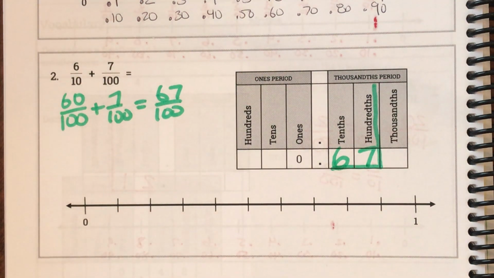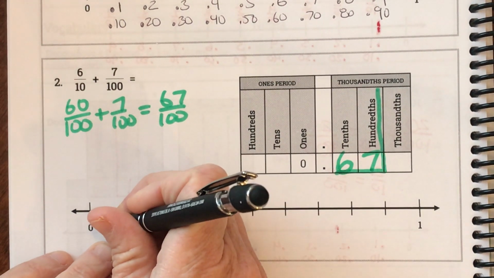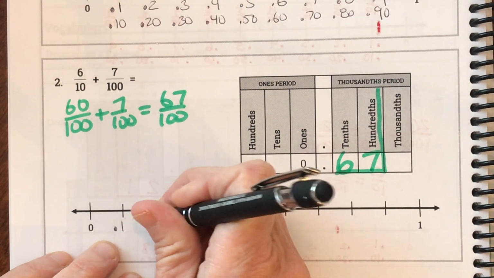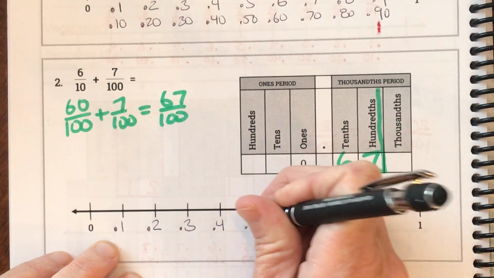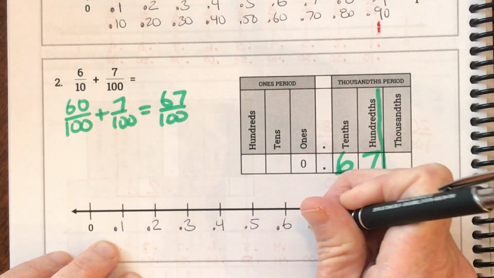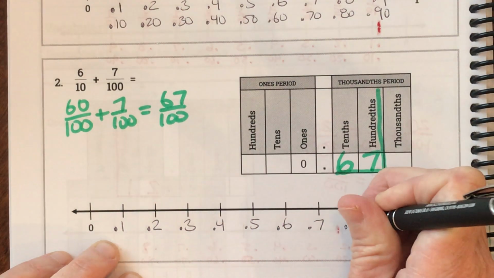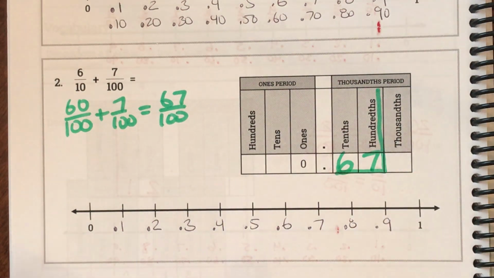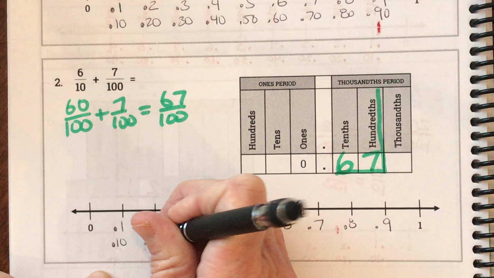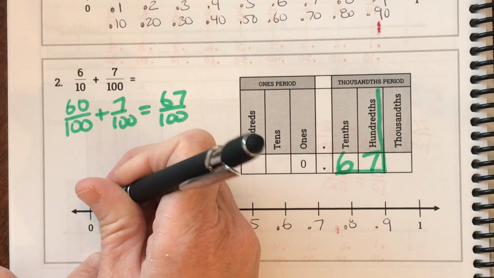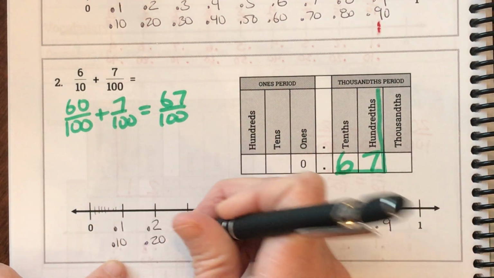Okay, so let's put it on our number line. Again, I'm going to write in pen, but I want you to write with me. So that's 1 tenth, 2 tenths, 3 tenths, 4 tenths, 5 tenths, 6 tenths, 7 tenths, 8 tenths, and 9 tenths. Or it's 10 hundredths, 20 hundredths. Now, that would only be if we had divided these up smaller, but we don't need to.